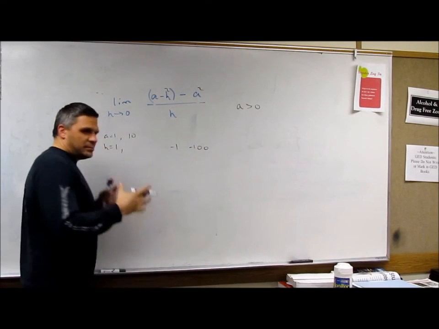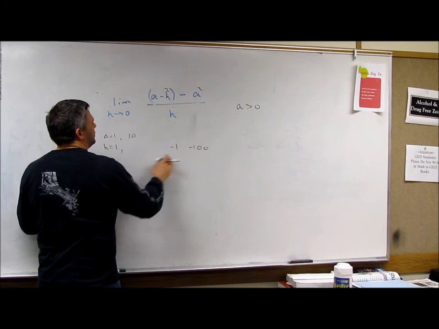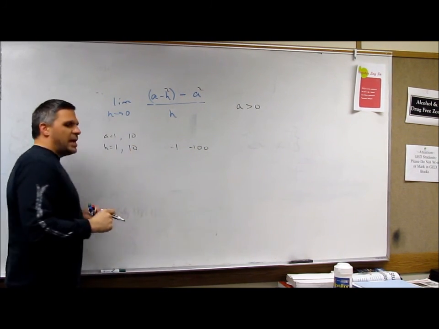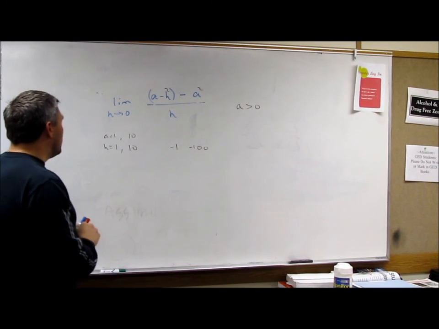So now all of a sudden it's getting a little bigger, or I should say a little smaller. Okay. So now what happens when H becomes, if A is 10 and H is 1, then you just get a -91.